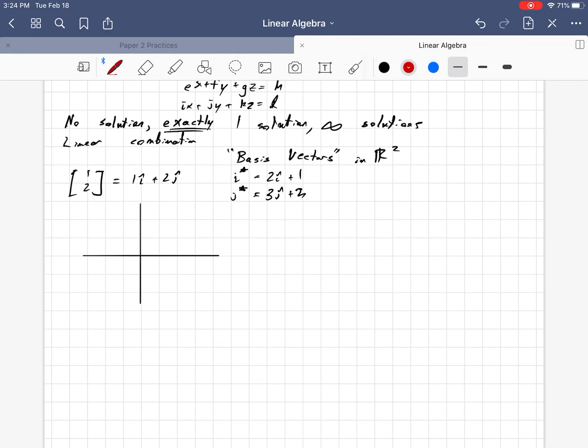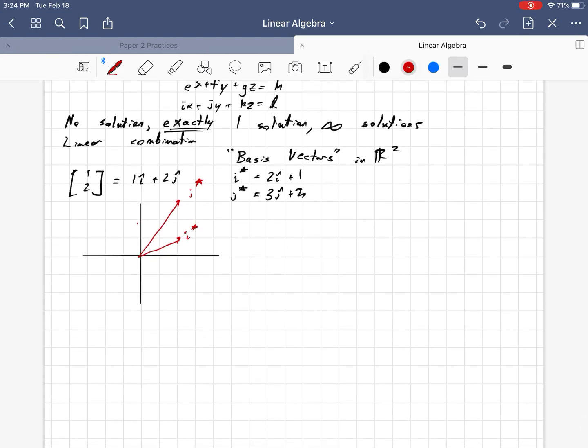We would have that would be i star, and j star, 1, 2, it would be going something like that.